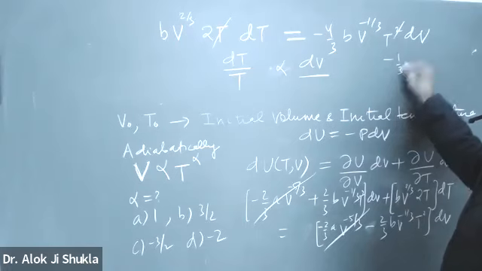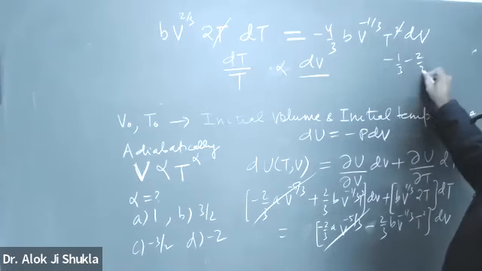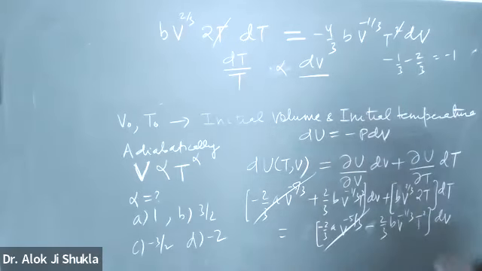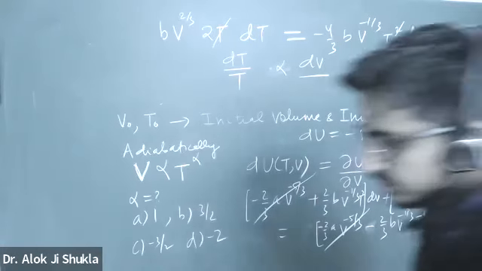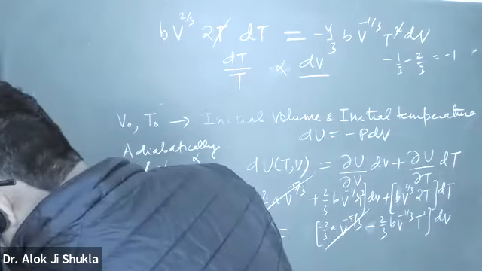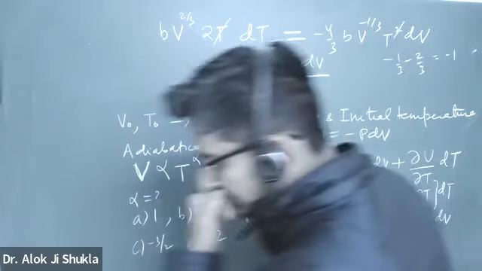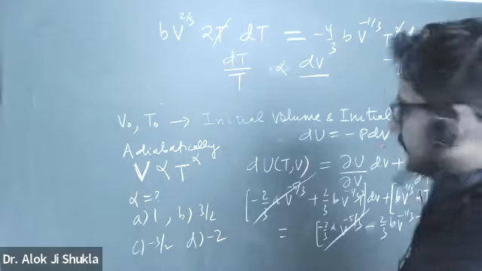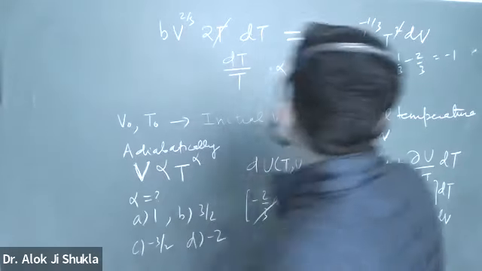So minus 1 by 3 minus 2 by 3, so minus 1. So dv by v. 2b cancels out. dv by v, yes, correct.